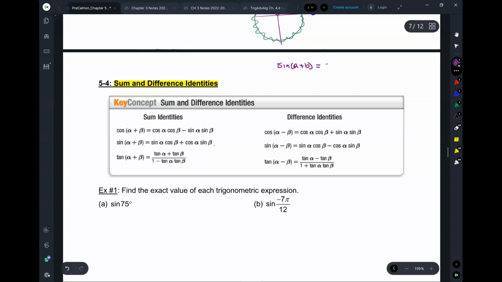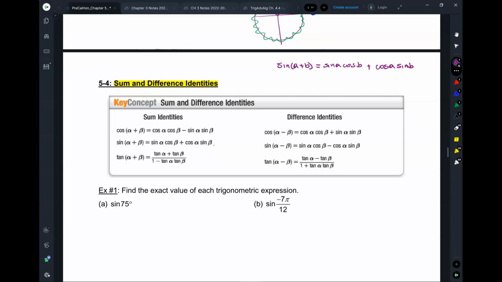So look, it's sine A cosine B plus cosine A sine B. Okay, what do you notice here? You see how inside you have A plus B, A first, then B? After the equal sign, it's A, B, A, B. So that order stays.